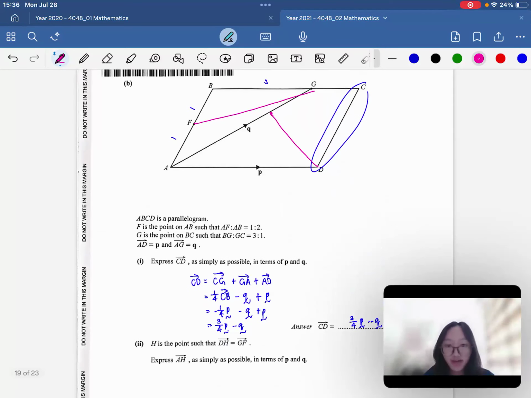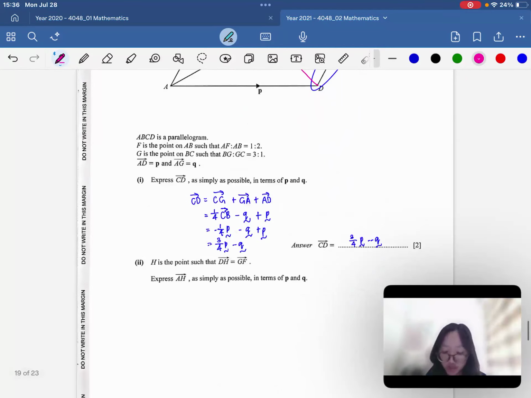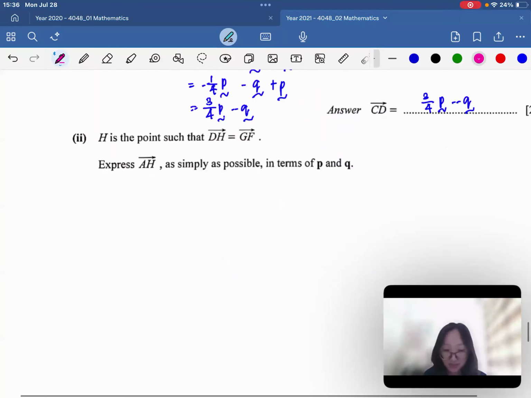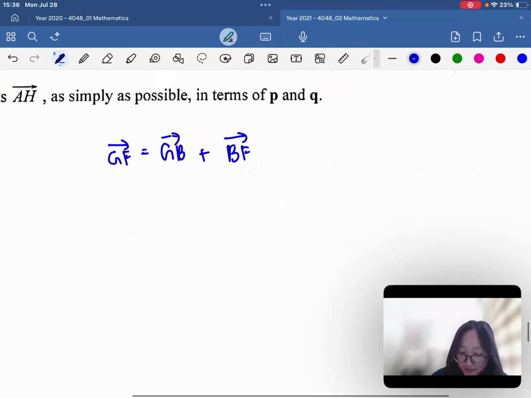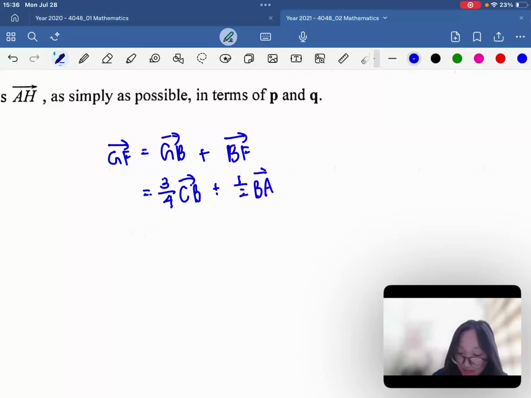So we're going to find vector GF first. So let's do that. GF is GB plus BF. Okay, so GB is 3/4 of CB plus half of BA. All these are information given in the question, so we just sub in the values.